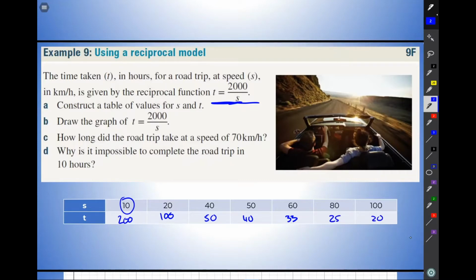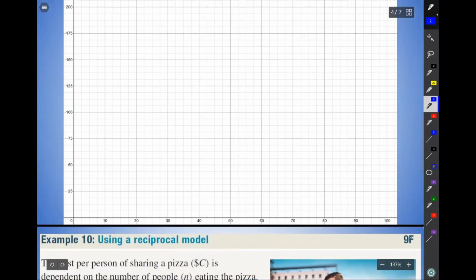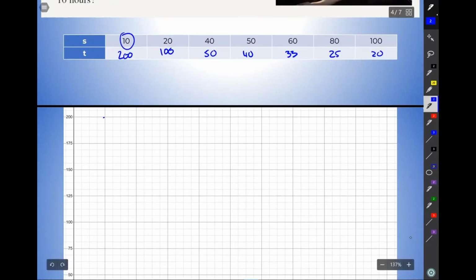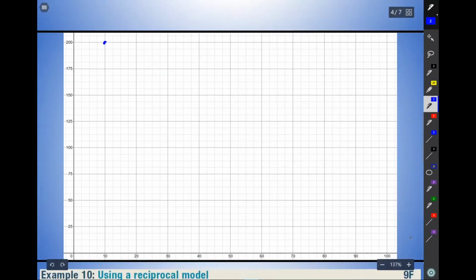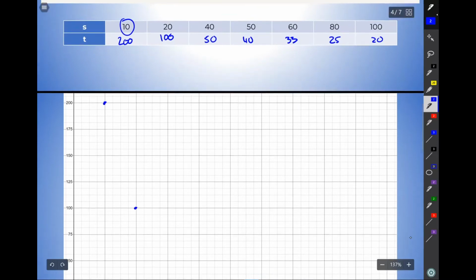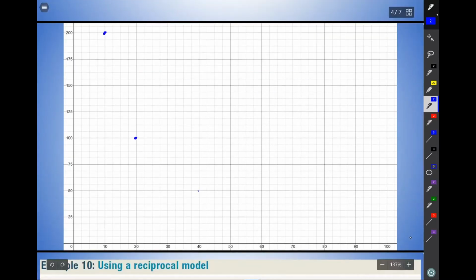And now let's draw our graph. At 10, we're at 200. 20, we're at 100. No, I didn't make this scale very good, did I? 40, I guess, is about there.